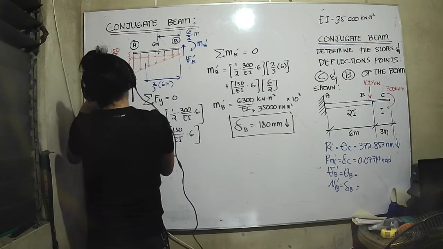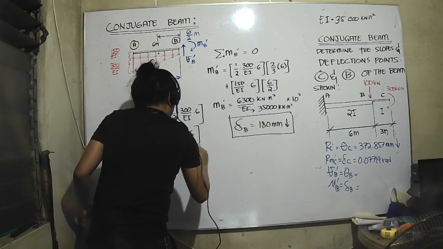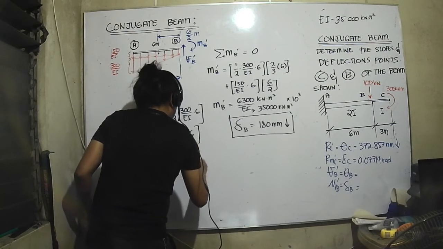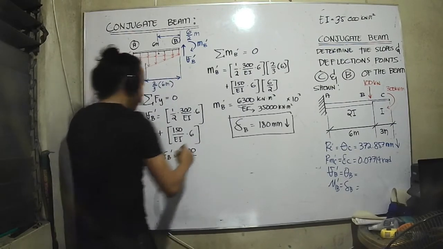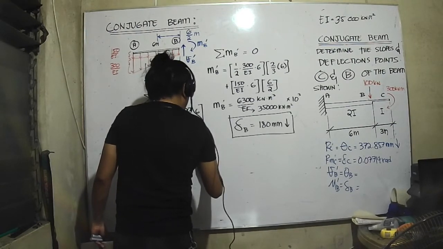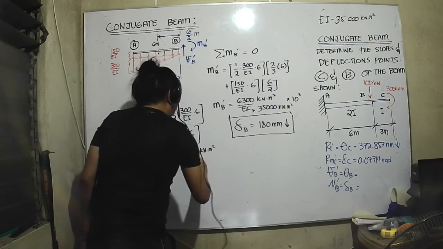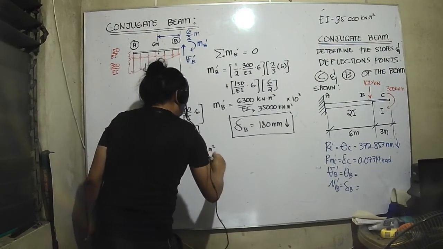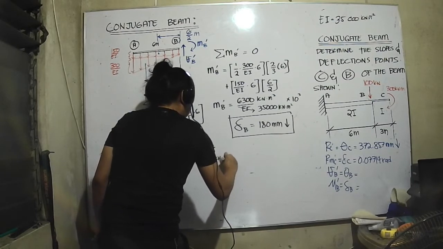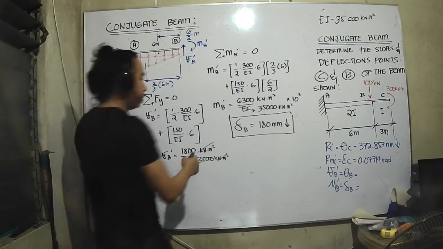Now, VB prime is equal to 1,800 over EI. Again, this is in kilonewton meter squared, with EI being 35K kilonewton meter squared. This cancels out, leaving radian.